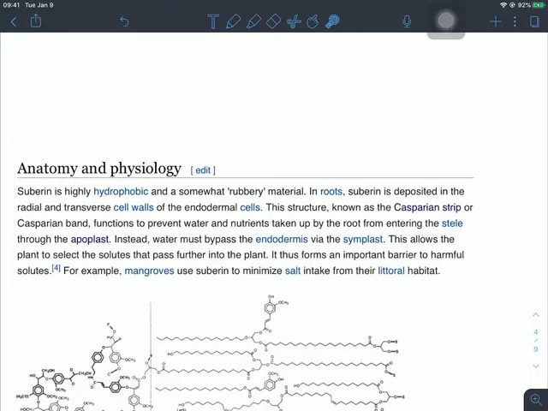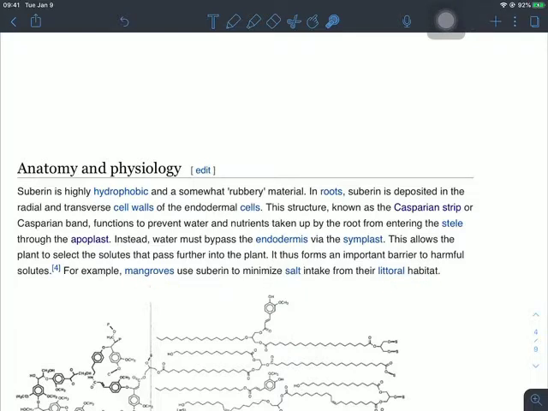One of the adaptations that this Casparian strip enables in plants is, for example, in mangroves, these trees use suberin to minimize the amount of salt water they intake from their littoral or seawater habitat.